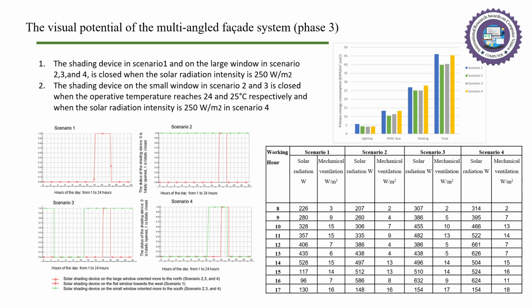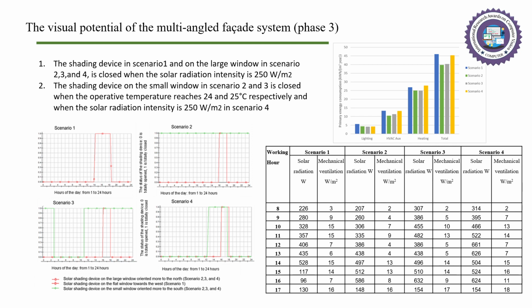The figure to the left shows the 4 scenarios in which the shading devices are closed on a day in the middle of July. It can be observed that the length of time for which the shading device is totally closed in scenario 1 with a flat facade is double that in scenario 2 with a multi-angled facade.